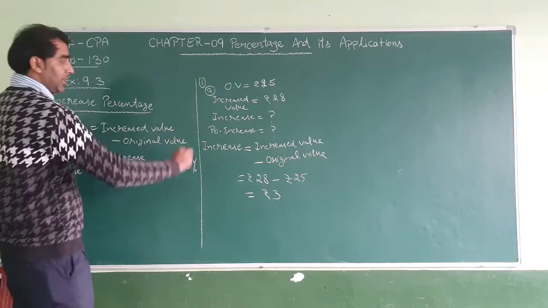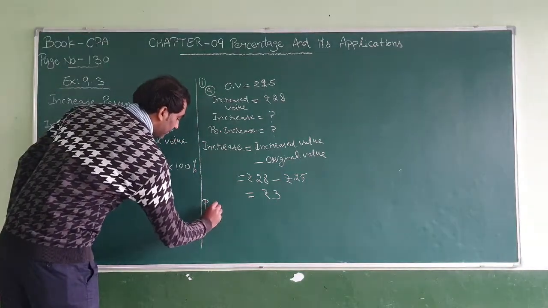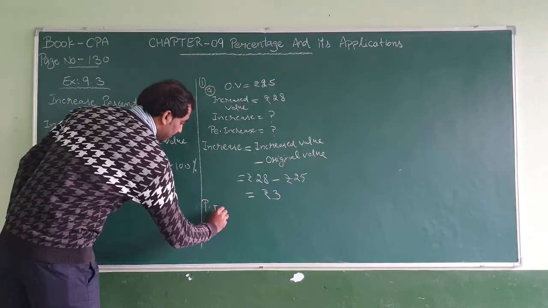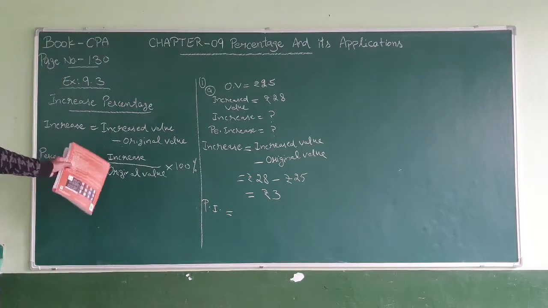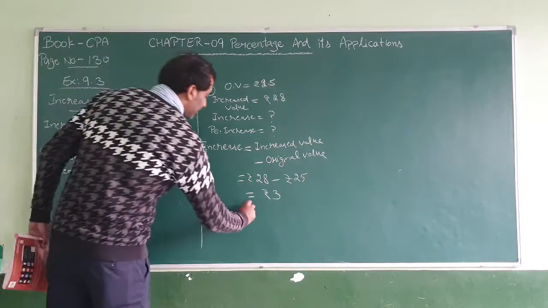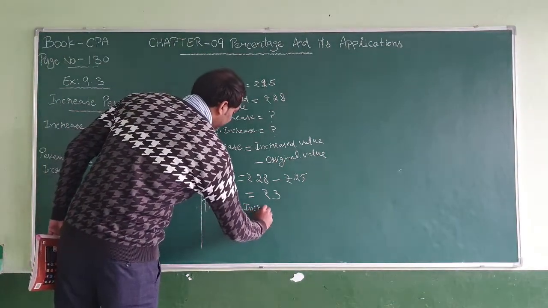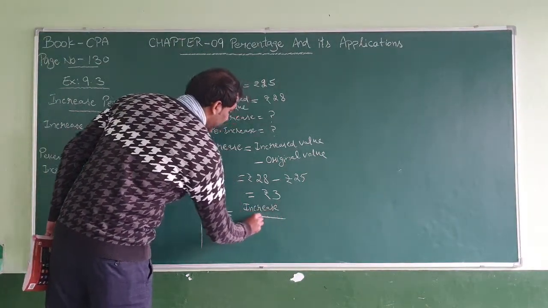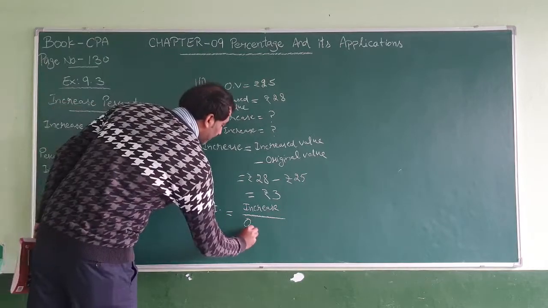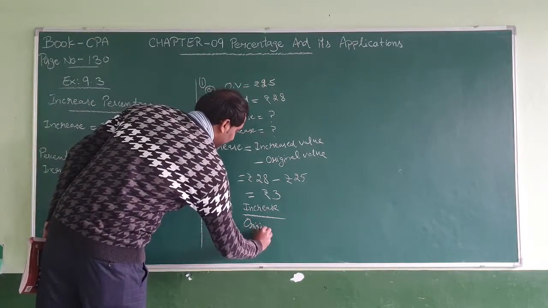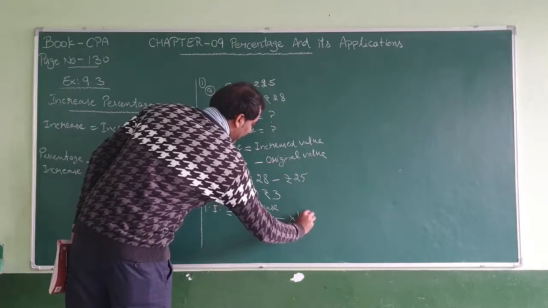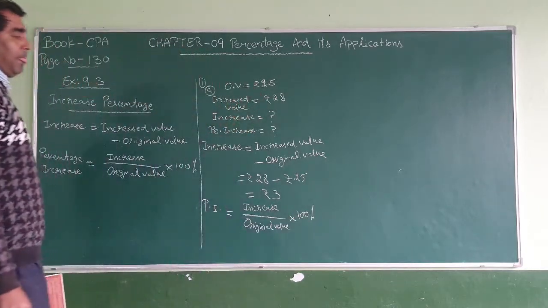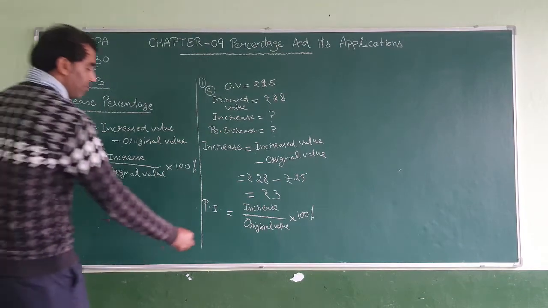So now percentage increase. Percentage increase equals increase upon original value multiply 100%. So put the values.